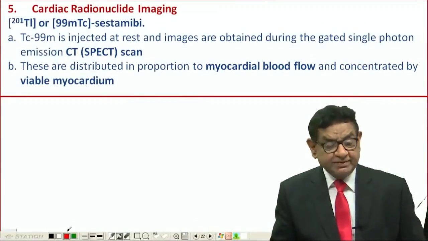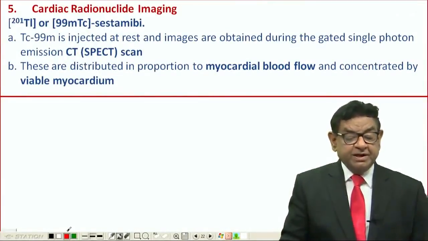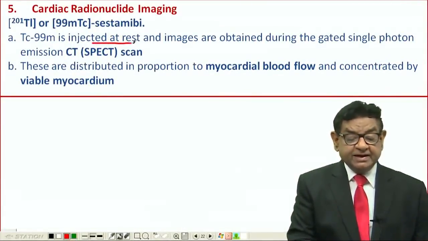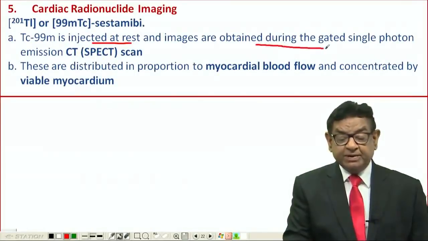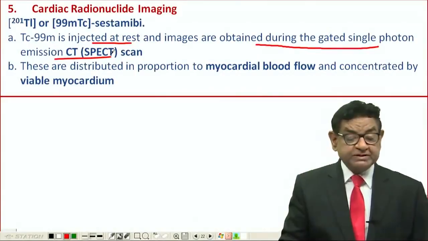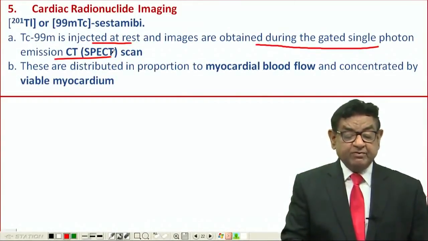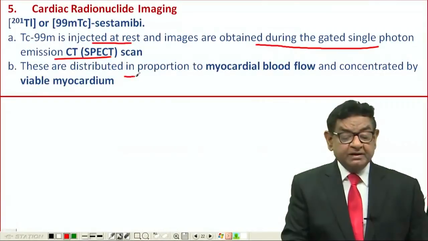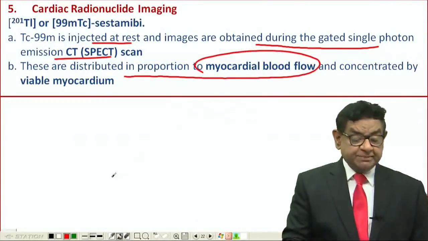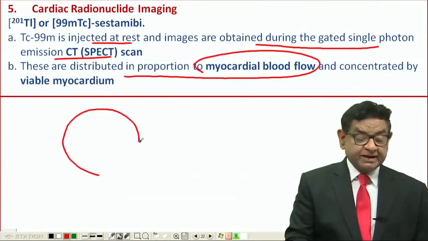Then one more test that we can do is cardiac radionuclide imaging. We do technetium scan, and it is injected at rest, and images are obtained in the gated single photon, what we call a SPECT test. And they are proportional to myocardial blood flow. That means, suppose this is the myocardium, and this is the infarcted area.